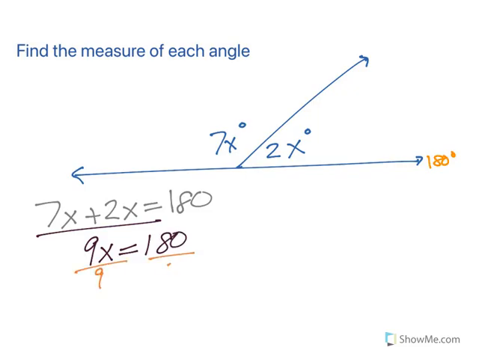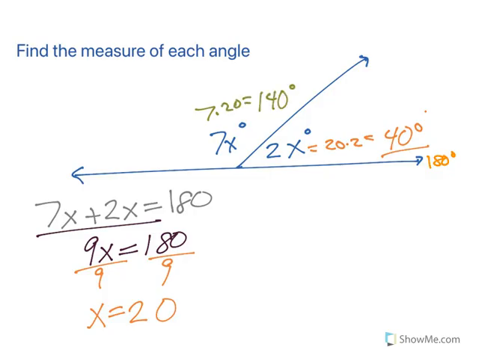Divide both sides by 9, and we get an x value of 20. If x is 20, then 2 times 20 gives me one angle of 40, and 7 times 20 gives me the other angle of 140 degrees. And you'll notice that 40 plus 140 gives us 180, which is the measure of a straight angle.